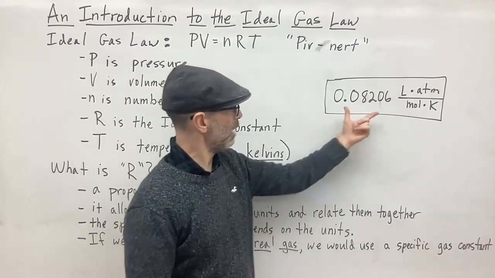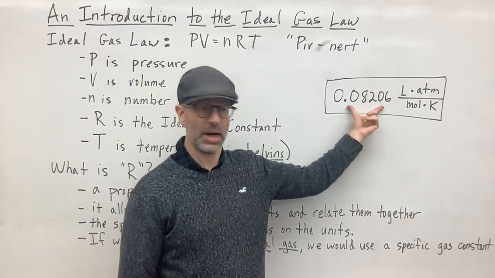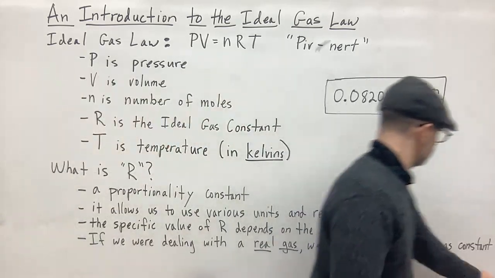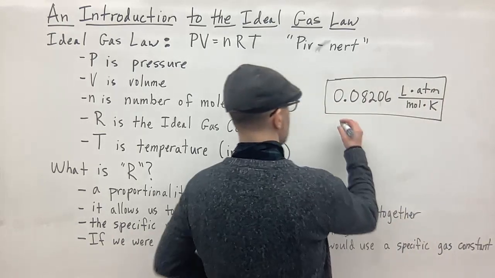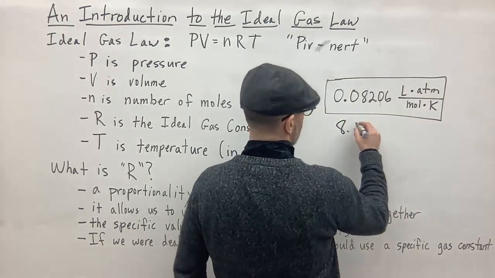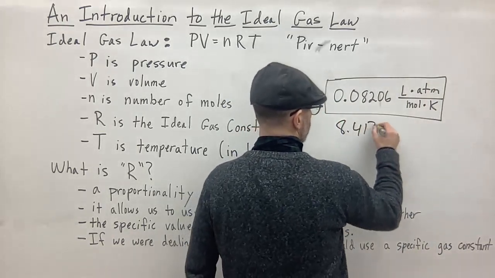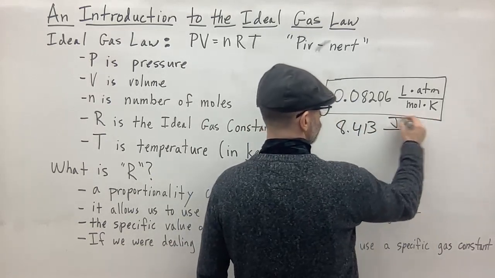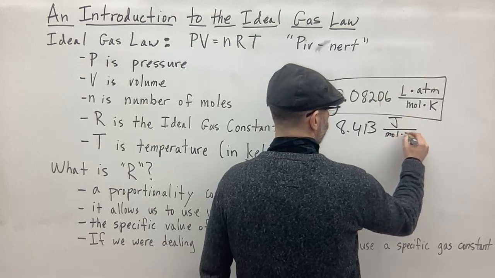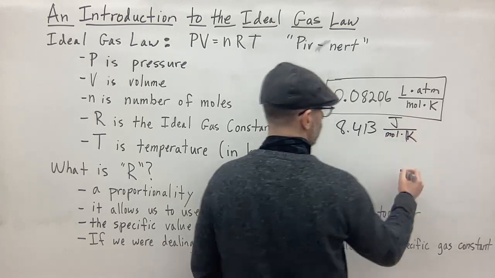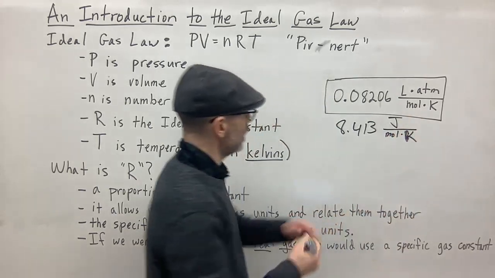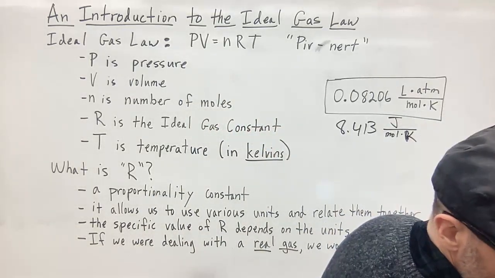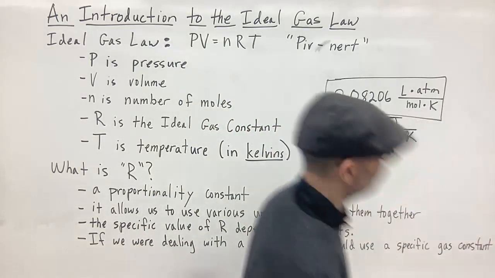However, there are other values that might be used, right? You could have 8.314, and here the units are going to be joules per mole Kelvin. Let me double check that value. I want to make sure I have that right. 314.